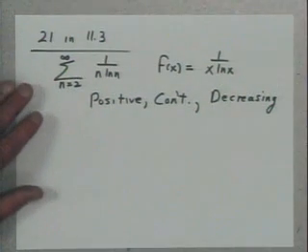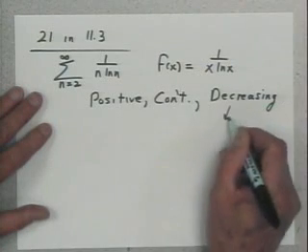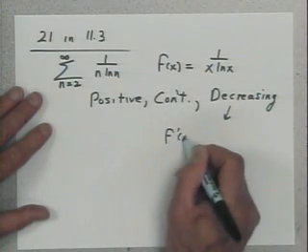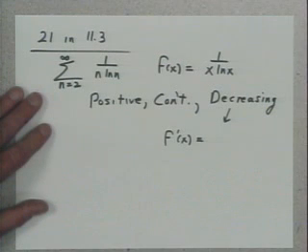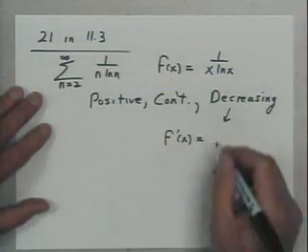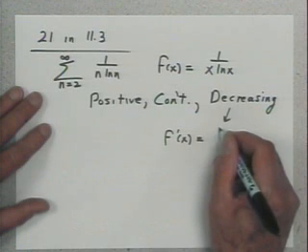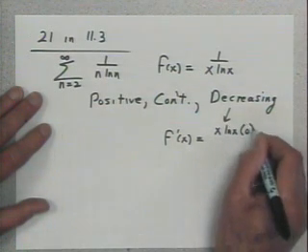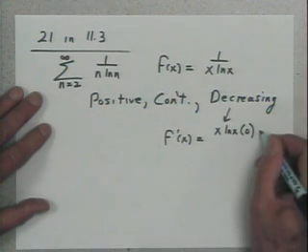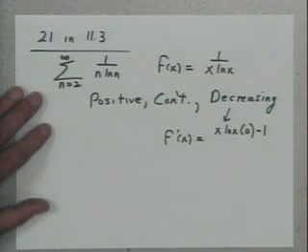What about decreasing? For decreasing, we typically like you just to take the derivative and show that it's negative, because if a derivative is negative, the function is decreasing. So it's denominator times derivative of numerator minus numerator times derivative of denominator.